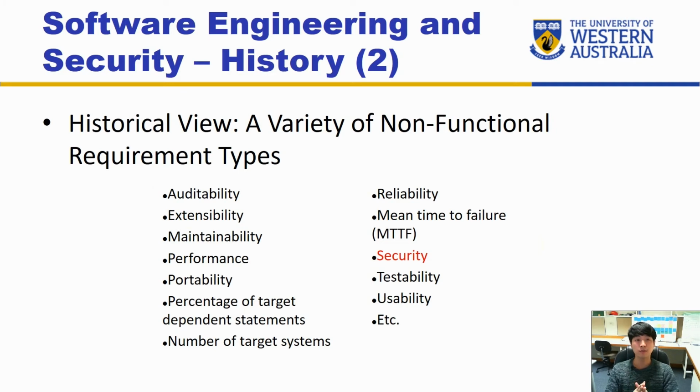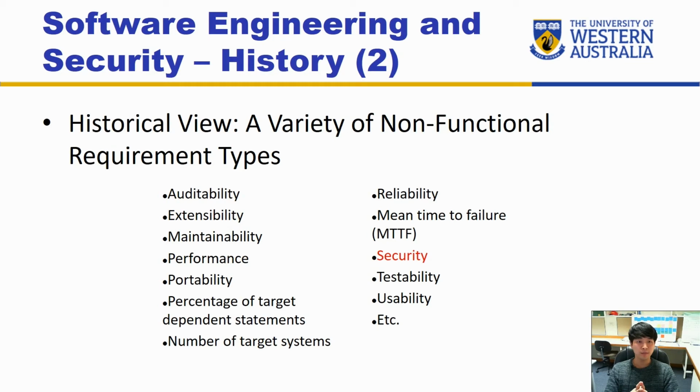There are a bunch of different non-functional requirements that you can specify, things like auditability, extensibility, maintainability, and the list goes on. Whenever we describe non-functional requirements, these describe desirable characteristics of your software or application.